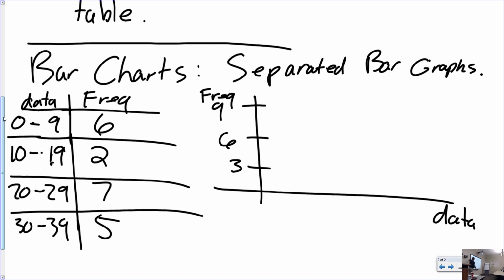Now, when your data is in a grouped frequency table, you create a bar for each one, and you label your entire bar with your class, okay? So literally put in, this is the 0 to 9 class, and it goes up to 6.